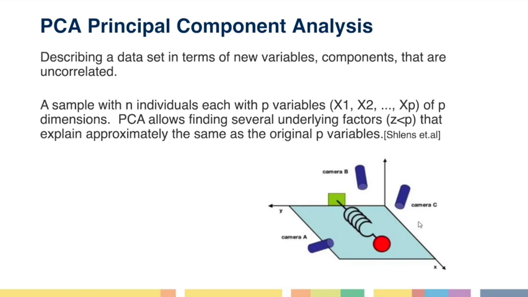And we do the analogy, taking into account that PCA works as if we had three cameras aiming at the system. So what PCA does is to take a picture with those cameras, so that all the information of the spring particle is going to be compiled in these pictures.